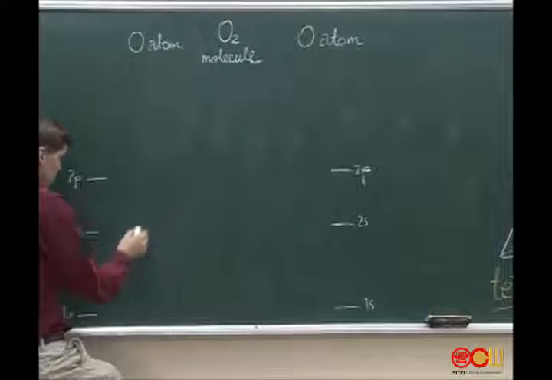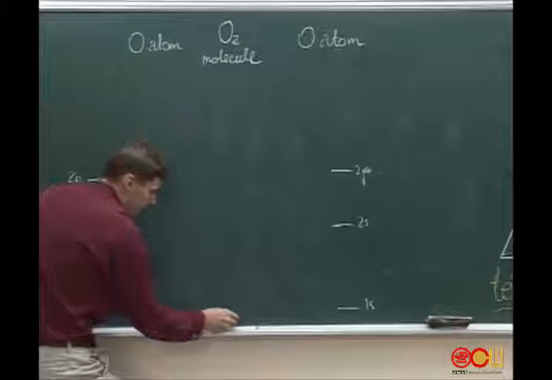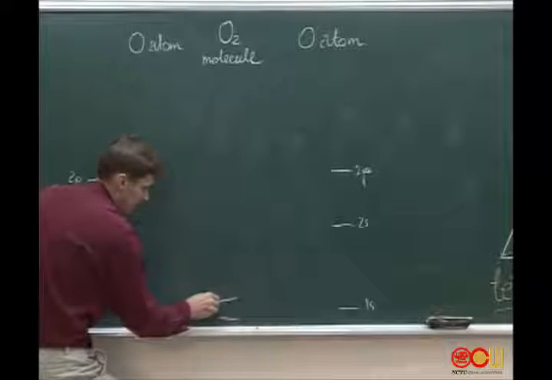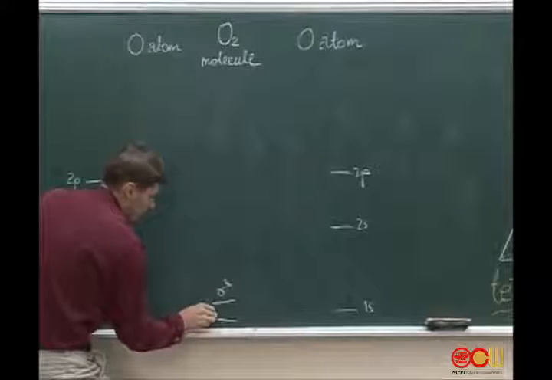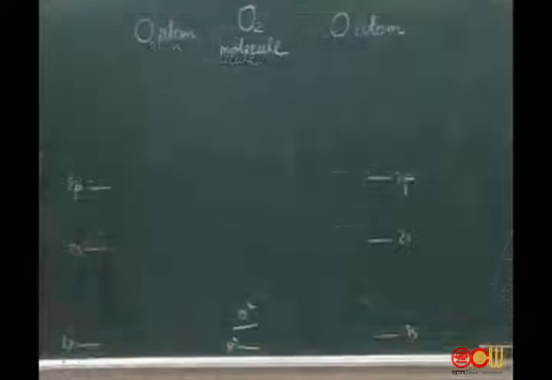Now in the molecule, 1s and 2s will make the sigma and sigma antibonding orbitals. Oxygen would be a linear molecule, right?